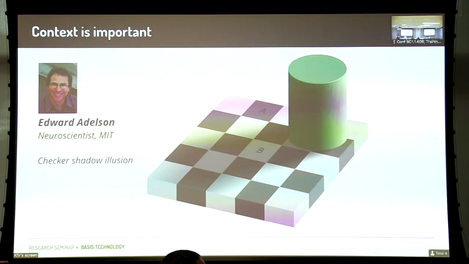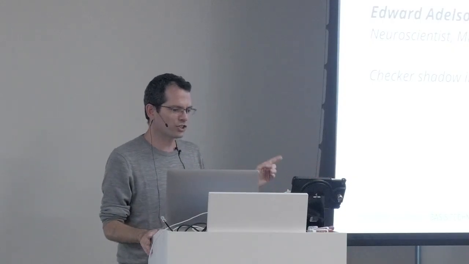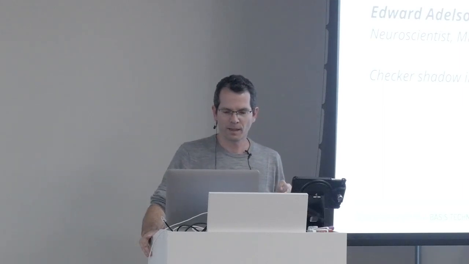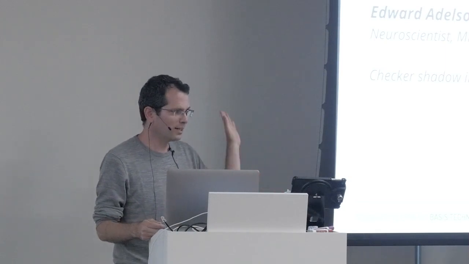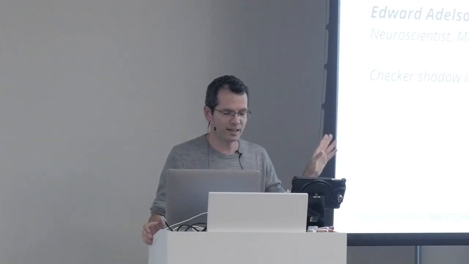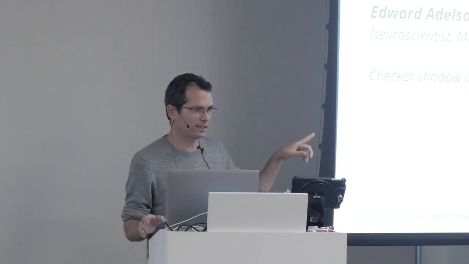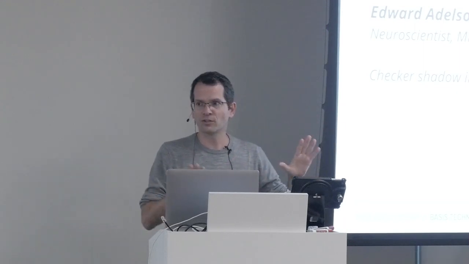I'm sure many of you know this, but for those who don't, this is the checker shadow illusion by Edward Adelson from MIT. So look at this board and tell me, or raise your hand, if you think that the background color of the square represented by B and the square represented by A is the same.